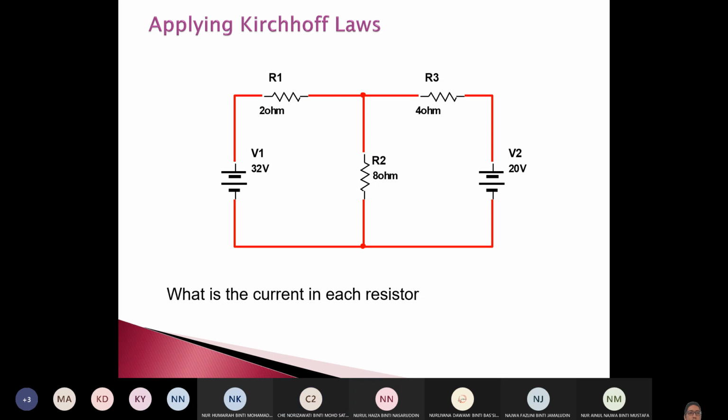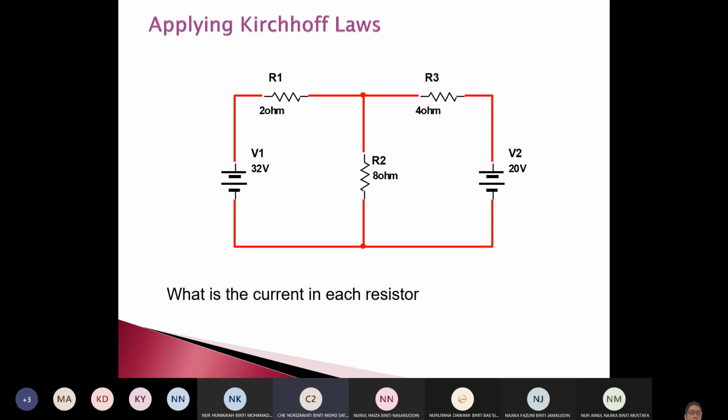So R1 is 2, 2 I1, and I3, what is your I3? 4 ohm. 2 I1 minus 4 I3. Okay.